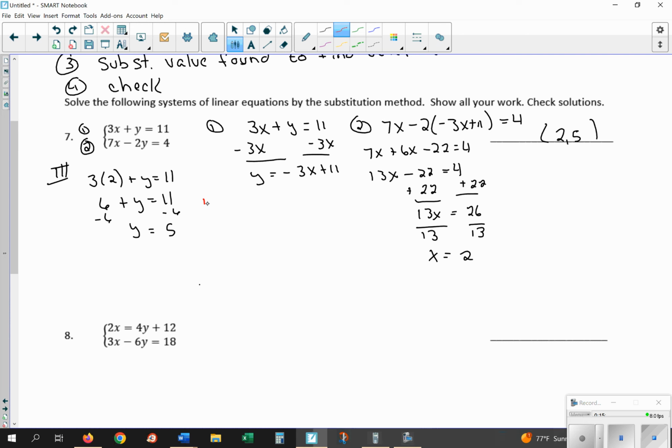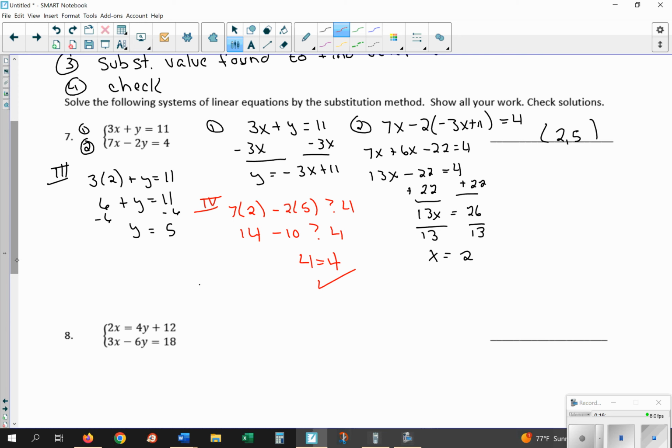And then last step, step 4, 7 times 2 minus 2 times 5, and we want to know if that equals 4. That gives me 14 minus 10, or 4 equal to 4, so it checks out.